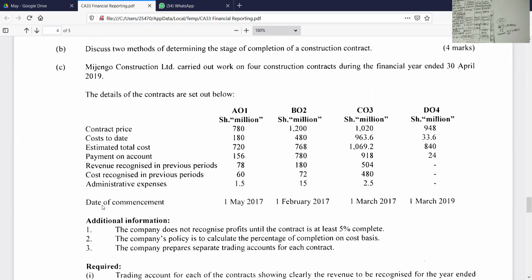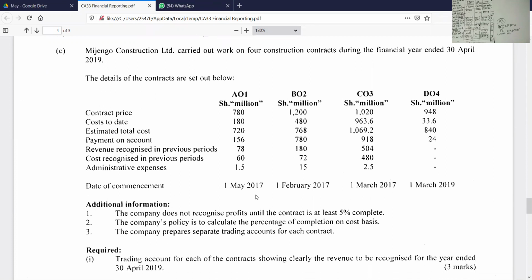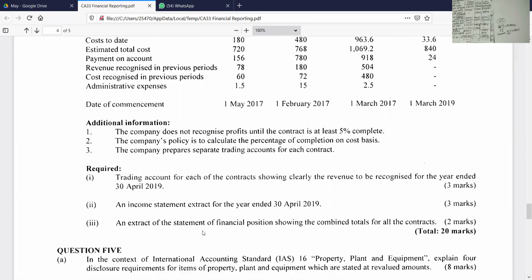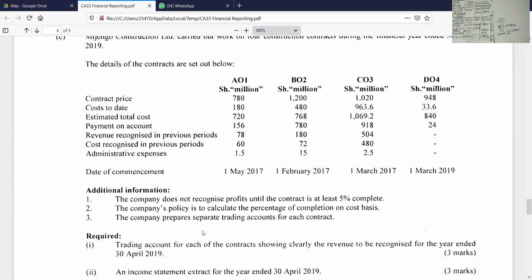So you can see if you had revised well this year, you could have passed with flying colors. Date of commencement, additional information, the same additional information. The company does not recognize profit until it's 5% complete. The company policy is to calculate, the company prepares the same requirements.